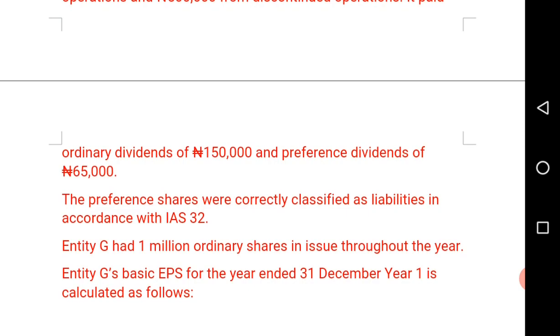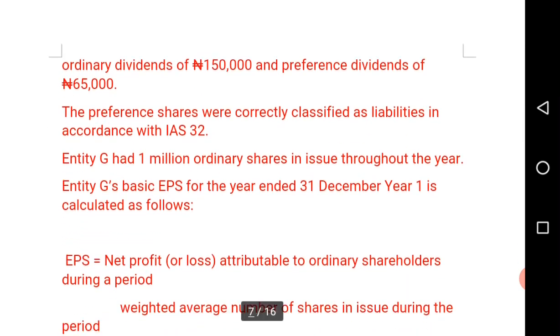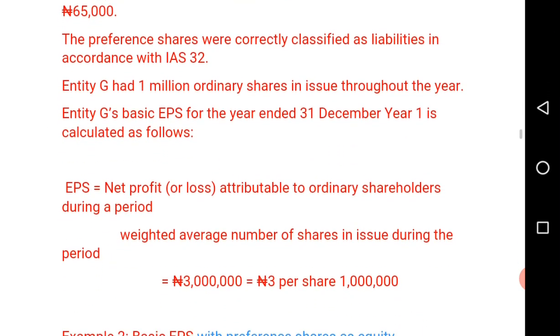They said it is a liability. Now the liability has already been deducted. Once it's a liability, it has already been deducted before the profit after tax, so there's no need to deduct it again, or you'll be deducting it twice. So what we are only concerned with here is the 3 million.